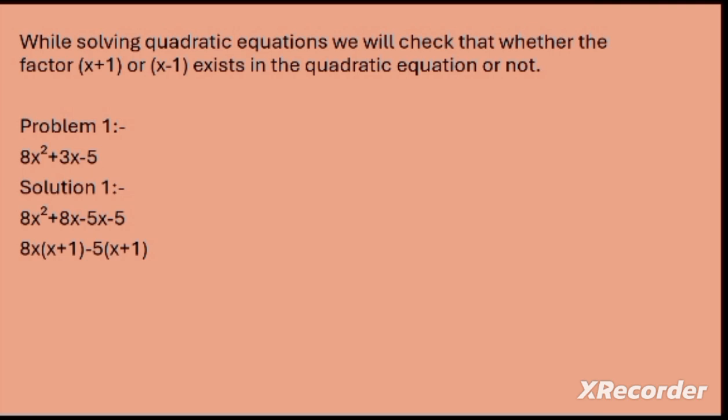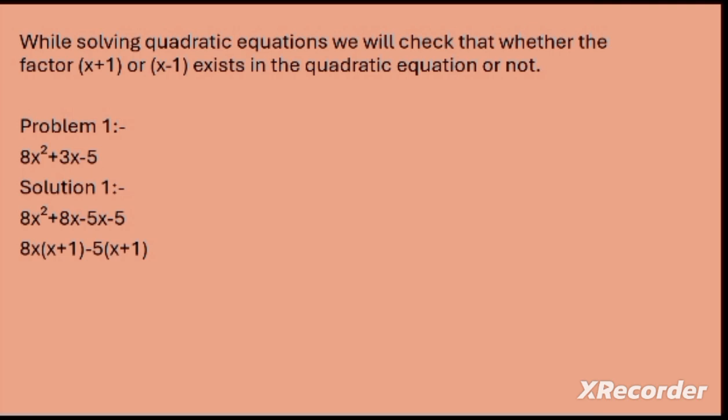Now similarly we will find the common among the third term, which is minus 5x, and the fourth term, which is minus 5. First we will repeat the same steps. We will find the common sign.